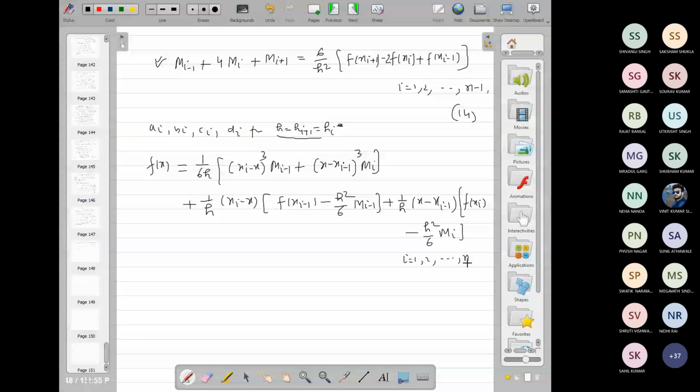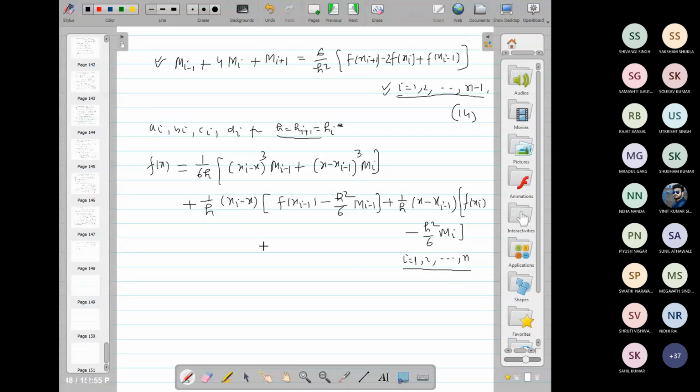You remember here in the cubic spline curve i is equal to 1 to n. The cubic curve for the first subinterval, second subinterval, up to the nth subinterval is given by this, and the relation between mi, mi plus 1 and mi minus 1 is given by this, where i is 1 to n minus 1. This is an important point: here i is 1 to n minus 1 and here i is 1 to n.